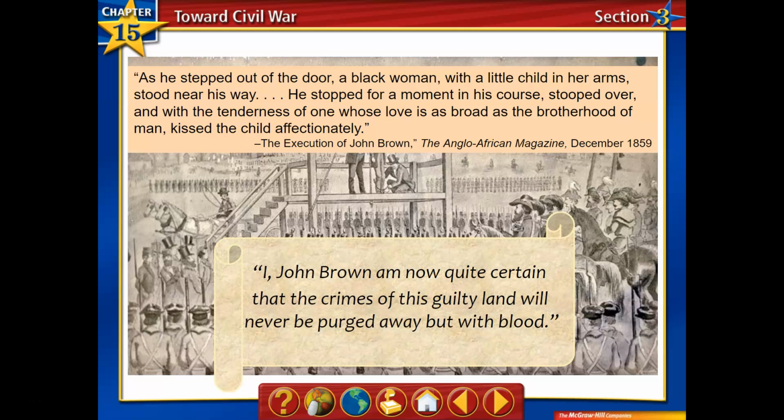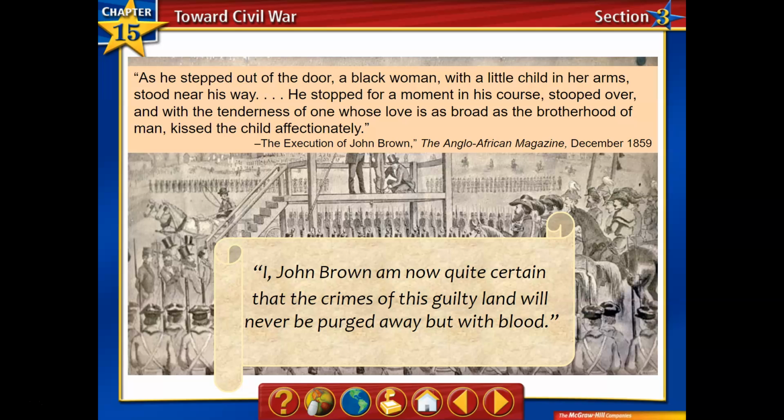And one of the last things that John Brown says is, "I, John Brown, am now quite certain that the crimes of this guilty land" and again he's referring to slavery here, "will never be purged away but with blood." These words are going to prove to ring infinitely true as we get on our way to the Civil War.